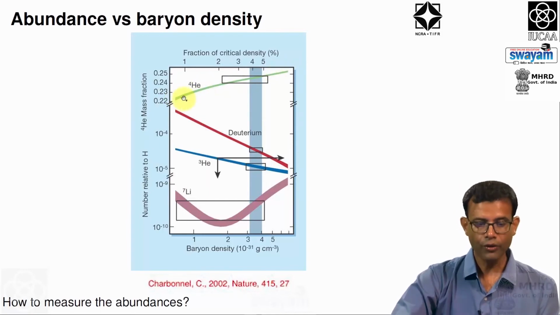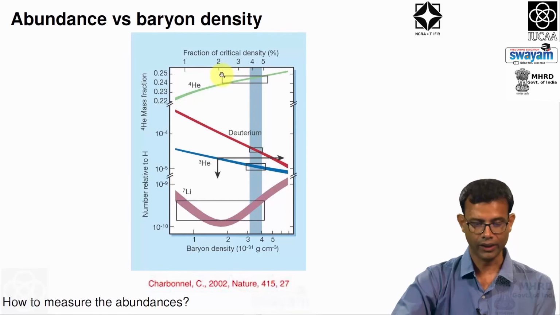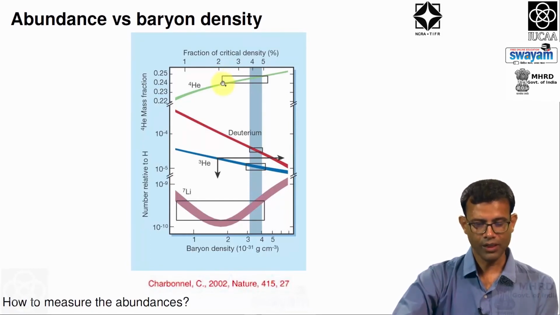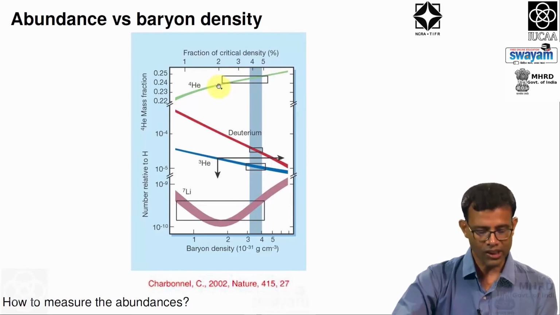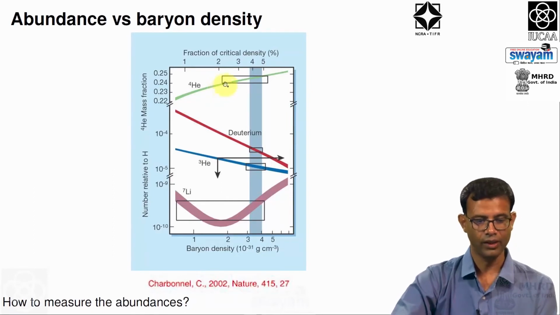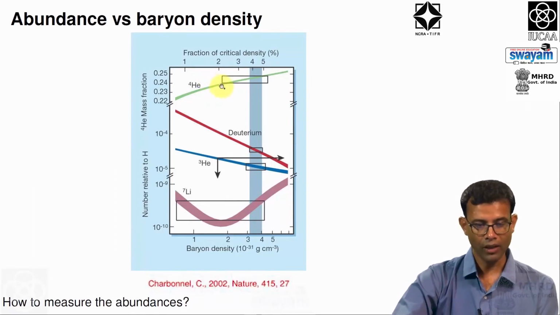Now, it is possible to measure this helium mass fraction from observations, and these observations tell you that the helium mass fraction varies between this point and this point. Since the theoretical prediction is given by the green curve, this tells you that to satisfy the observational constraints on helium mass fraction, the baryon density must be between this value and this value.